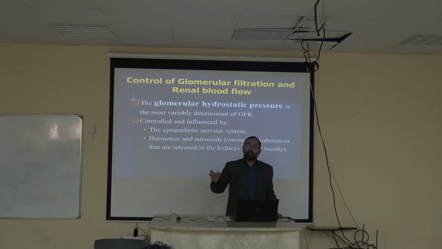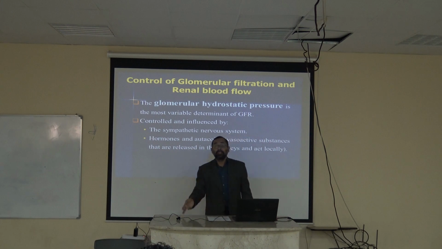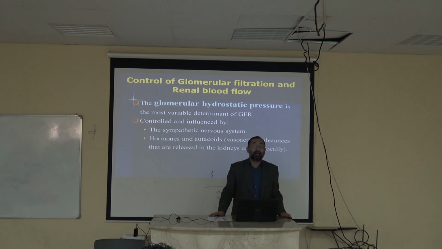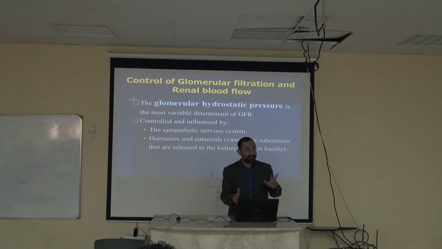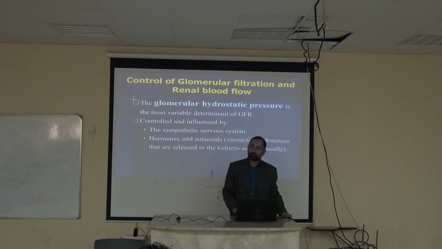Well, your GFR mainly depends on the renal blood flow. Now we have decided. So GFR and the renal blood flow together, they are auto-regulated by the kidneys. The kidneys are regulating these two things, GFR and the renal blood flow, by their own mechanisms or intrinsic mechanisms.